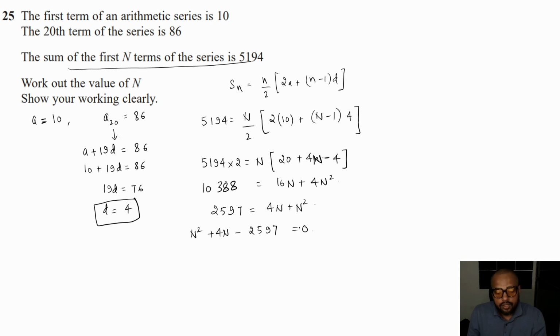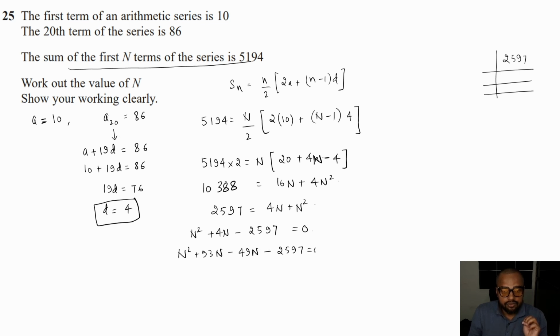Equals to 0. So from here we can apply the quadratic formula, or we can factorize. For factorization we need to take the LCM of 2597. So we take the LCM of 2597 like this, and we need to factorize and split the middle term such that their product is equal to 2597. So we are getting n square plus 53n minus 49n minus 2597 equals 0.